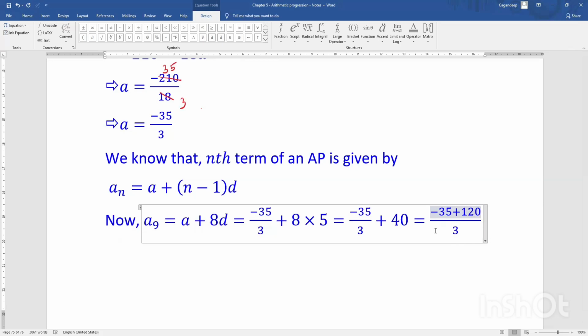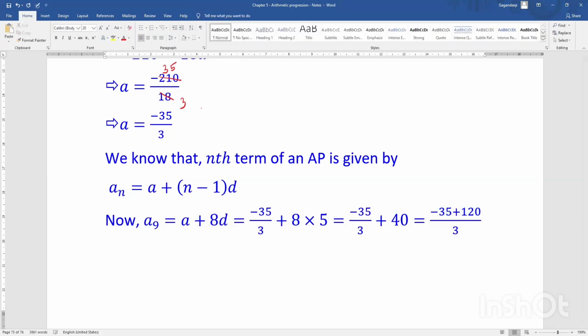So minus 35 plus 120. In my next step, I can write A9 equals, so we get 85 by 3 because 120 minus 35 is 85.